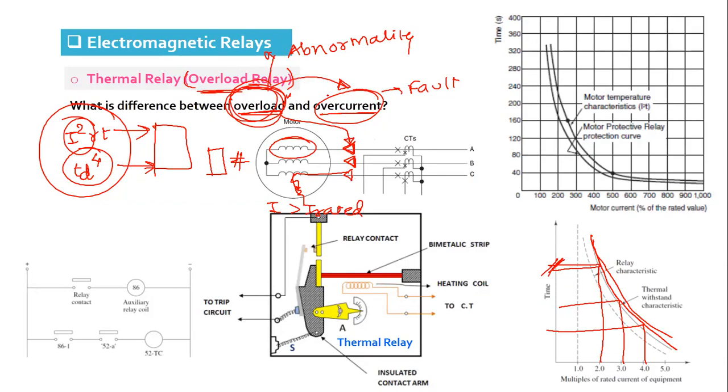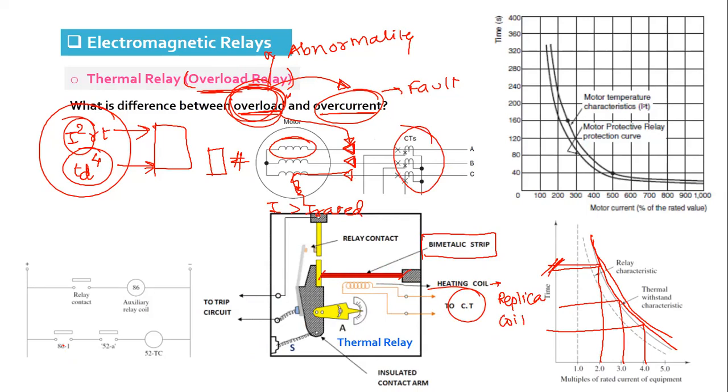Okay, and how to protect against the overload? So here you can see there is a thermal relay. There is a bimetallic strip, two dissimilar metals connected with each other having different coefficients of expansion. There is a heating coil, you can see, which is connected with a CT. The CT primary is connected in series with the equipment to be protected. The secondary is connected with this coil, which is called the replica coil.